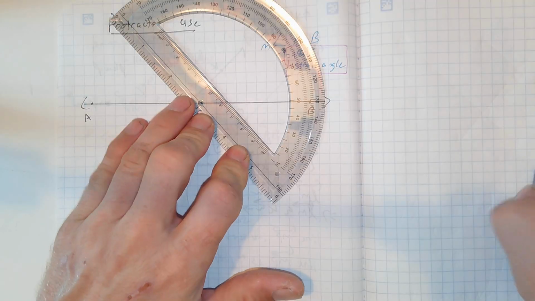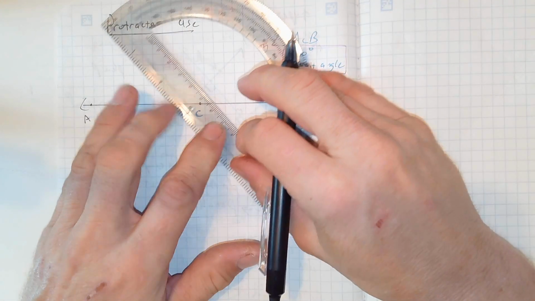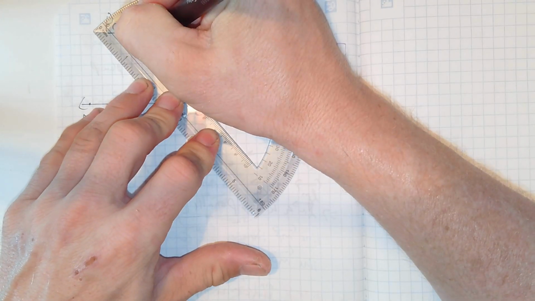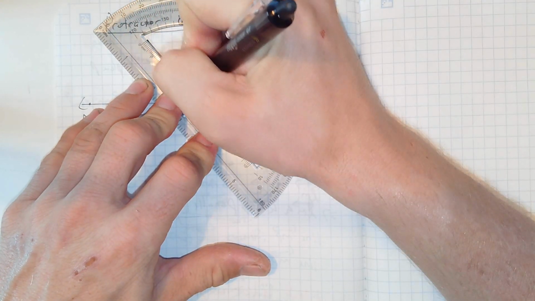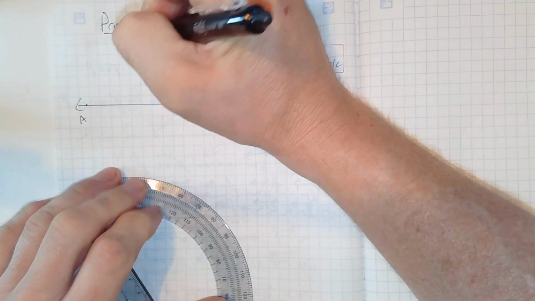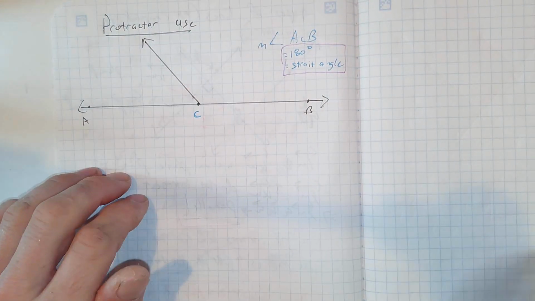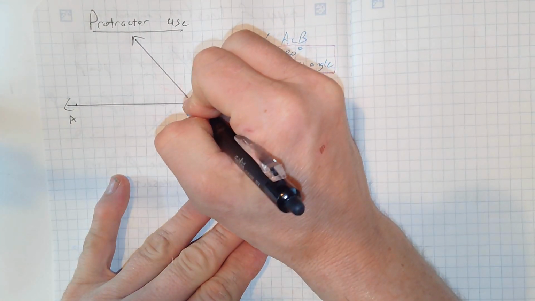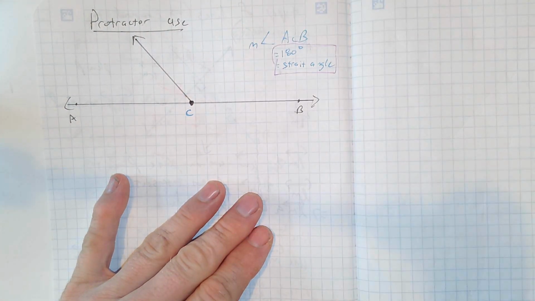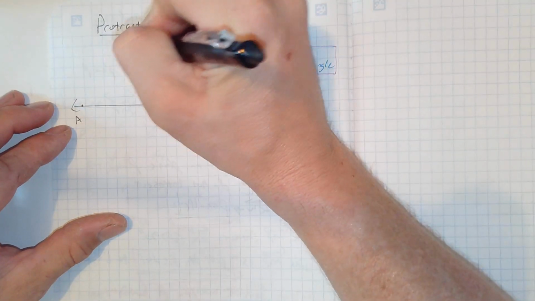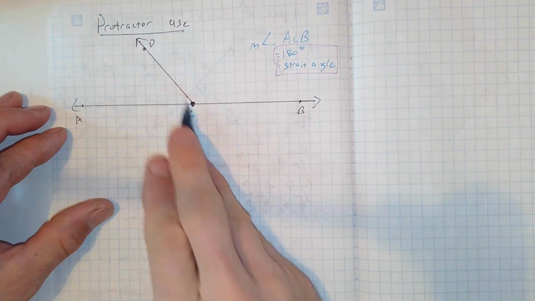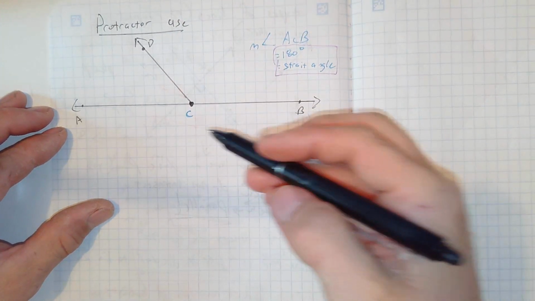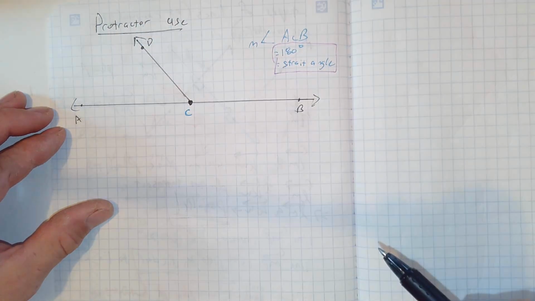Let's draw a ray going from point C to, I don't know, let's make up another point over here, like that. It intersects at point C. Make point C bigger so it looks like it intersects better, and we'll call this point D. So this is ray CD or ray DC, but I like going from D to C.